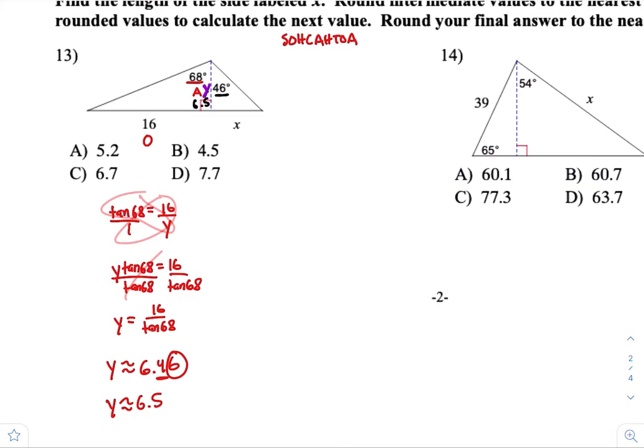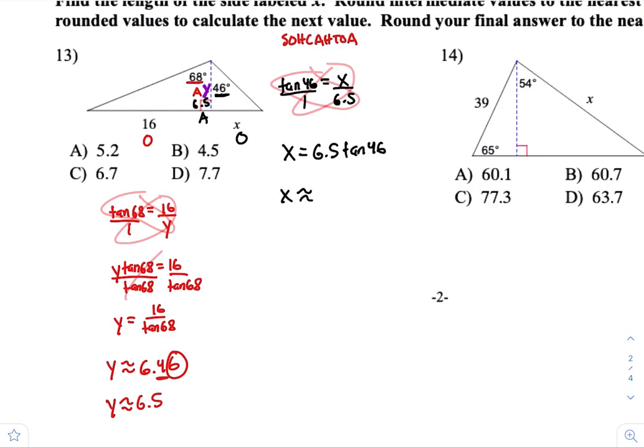So in the perspective of this angle, this side is opposite and this side is adjacent. So we're going to be using tangent again. Tan of 46 is equal to opposite, which is x, over adjacent, which is 6.5. Put this over 1. I'm going to cross multiply. x is equal to 6.5 times tan of 46.